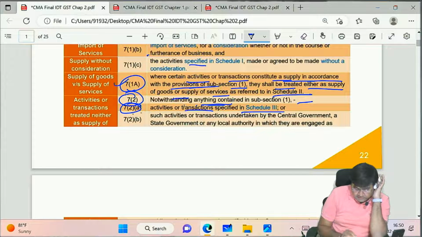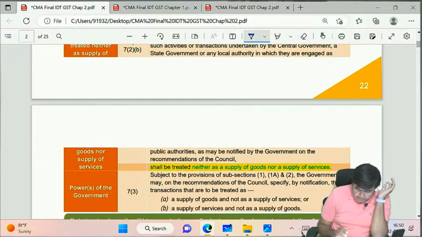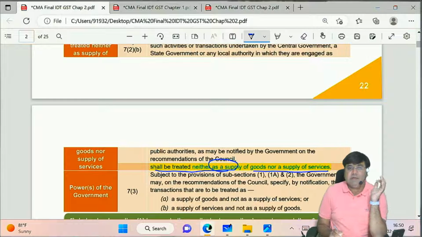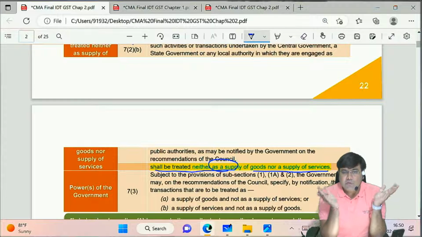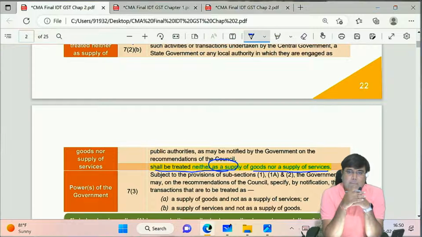So section 7 subsection 2 clause A said activity or transaction specified in schedule 3 shall be treated neither as a supply of goods nor a supply of services. GST is on supply of goods or supply of services. If it is neither, of course it is not subject to GST.